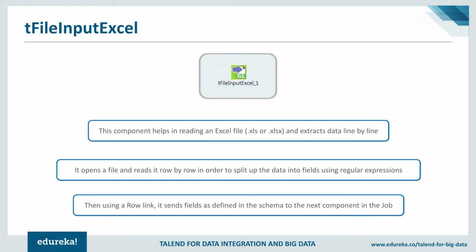So tFileInputExcel is the component name which will be used to read an Excel file. Whenever I use this component, if I provide the file name and tell whether it is XLS or XLSX, it extracts the data line by line. So when I drag and drop this component, I'll be able to read the Excel file which is available in my system line by line.